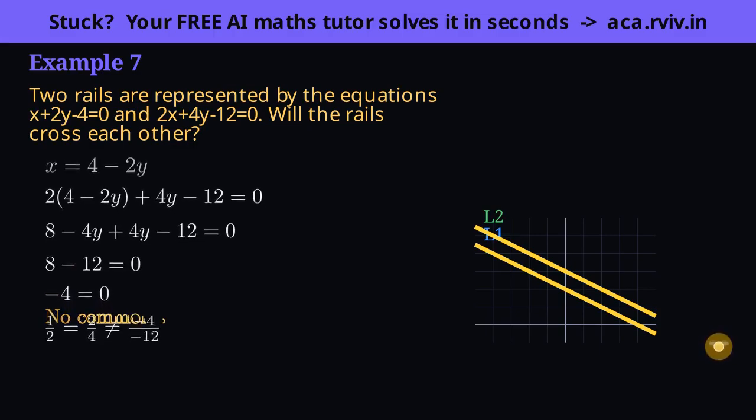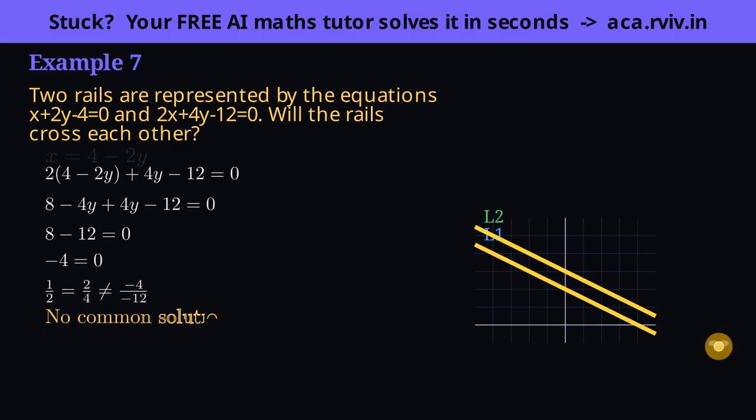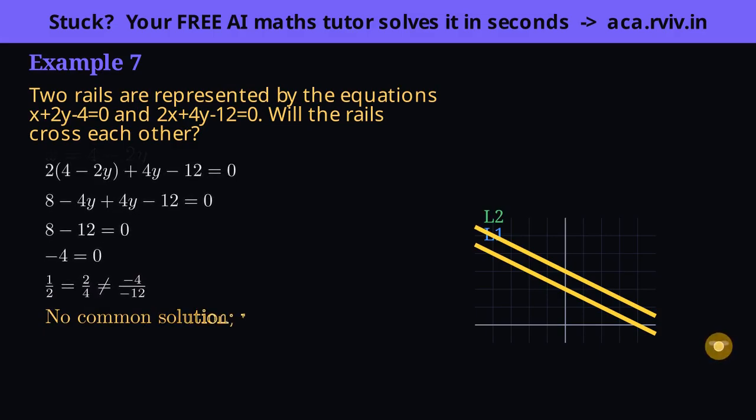If the variables vanish and leave a true statement, the lines coincide, infinitely many solutions. If they vanish and leave a false statement like minus 4 equals 0, the lines are parallel, no solution, they run side by side forever. The leftover line is telling you the case.